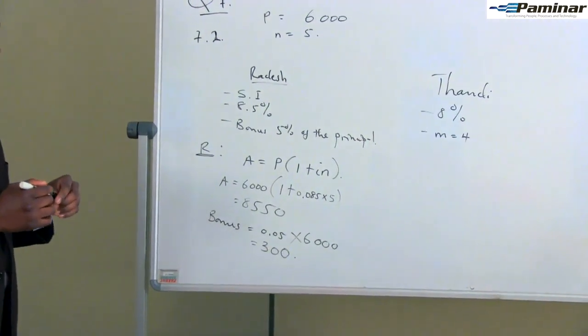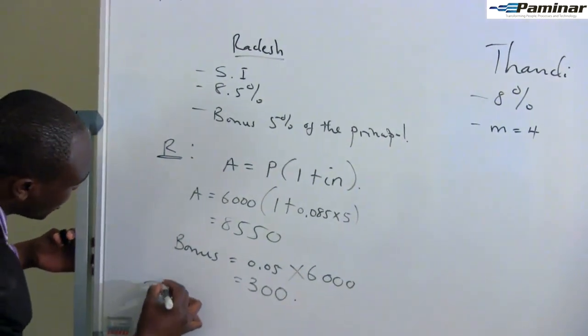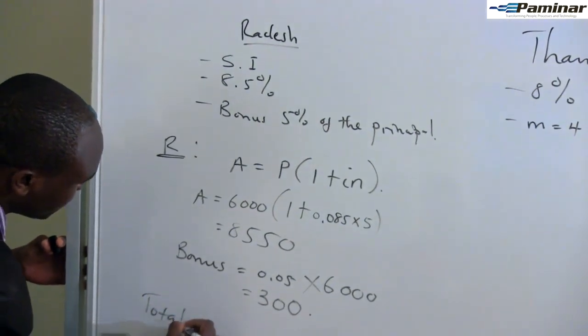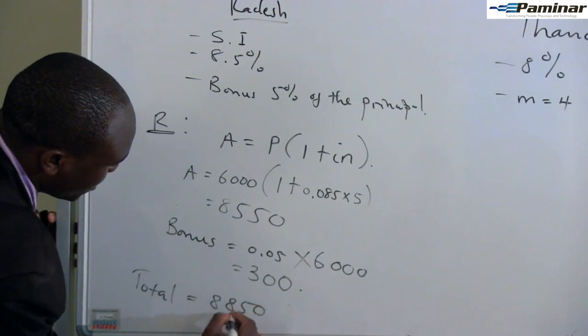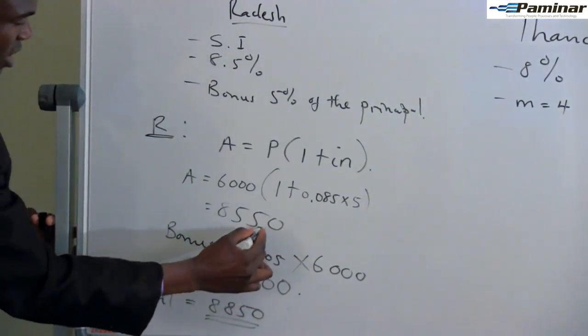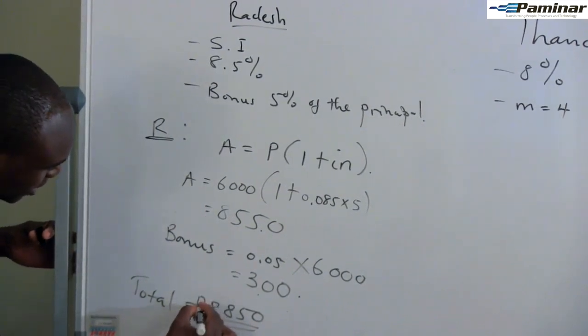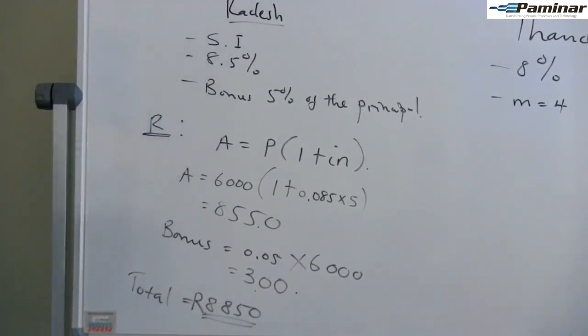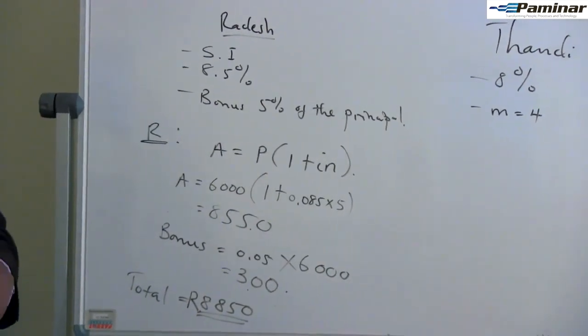Now, by the end of the period, he's going to get how much total? 8,850. That's it. So this plus this, giving you that. That is what he's going to get by the end of the 5 years. Remember, the question is saying, who will have a bigger investment?